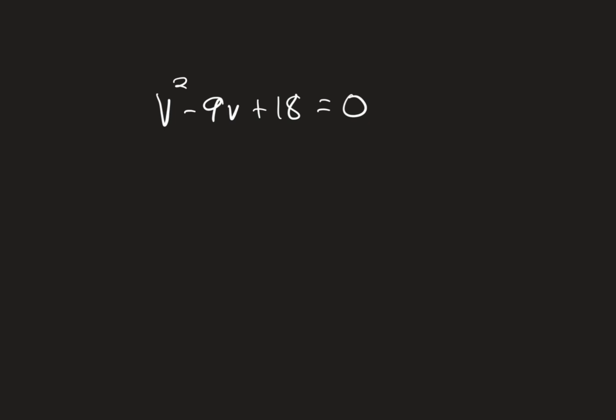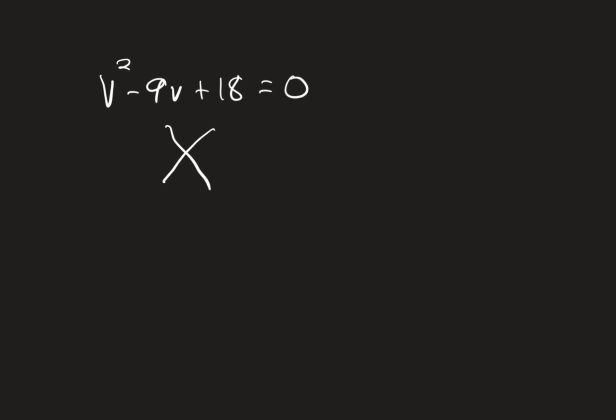Also, the a value is positive. Now we're going to factor, just like we did yesterday. So we're going to put our x on the top, 18, and on the bottom, negative 9. All the problems you have today are going to have a leading coefficient of 1. Tomorrow we'll do leading coefficients other than 1.